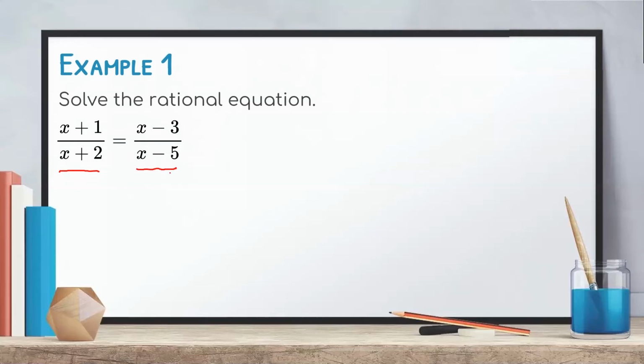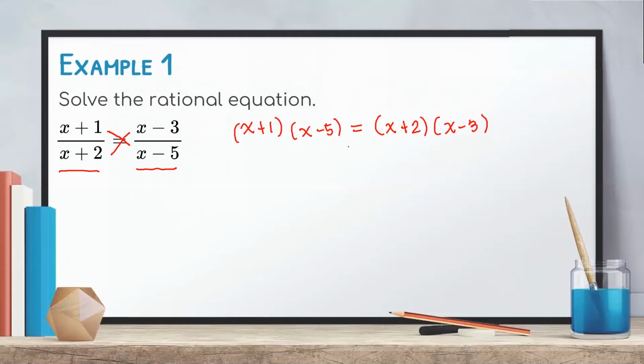If this is the case, we can easily eliminate the denominator by cross multiplication. Therefore, we will have x plus 1 times x minus 5. Copy the equal sign, then x plus 2 times x minus 3.